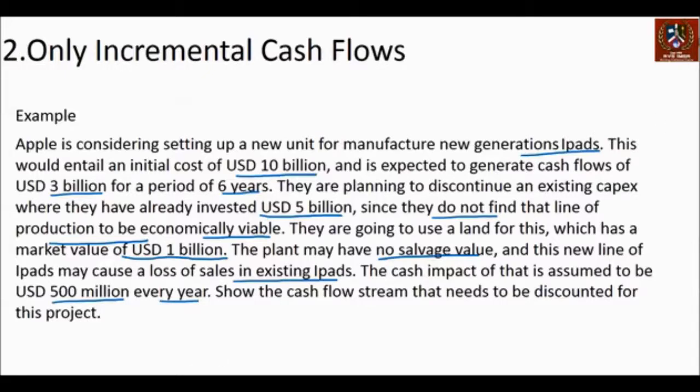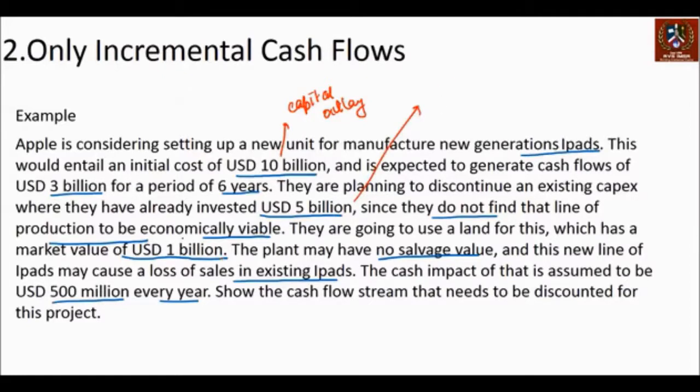Now, let's look at a few things in this. What are the data points that we have? We have a capital outlay of 10 billion, right? There is an existing capex where they've already included 5 billion, right? What is this?